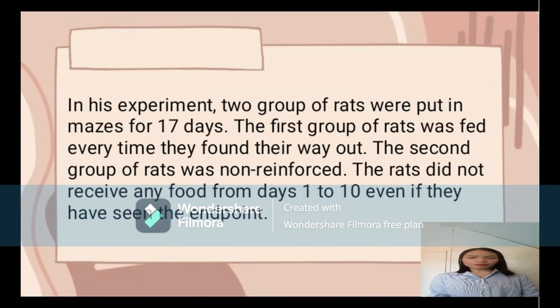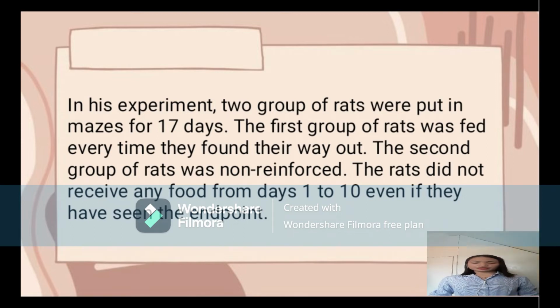So, Tolman provided an experiment about rats inside a maze. In his experiment, two groups of rats were put in mazes for 17 days. The first group of rats was fed every time they found their way out. The second group of rats was non-reinforced.